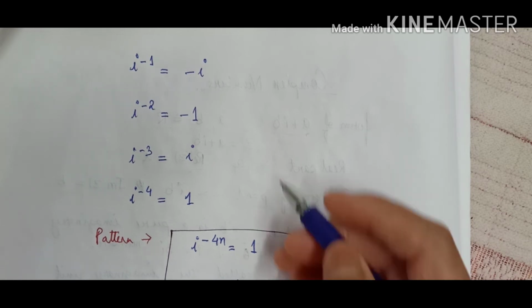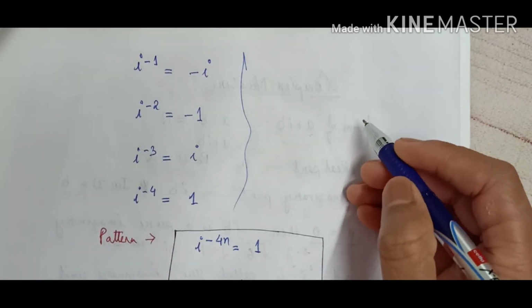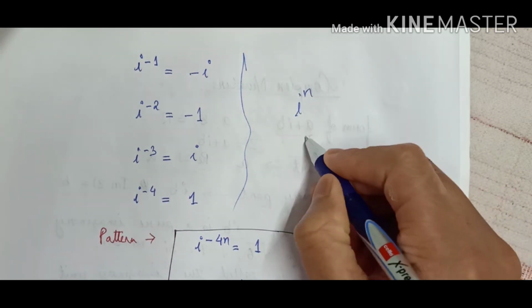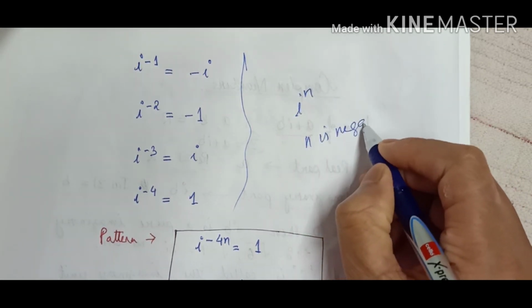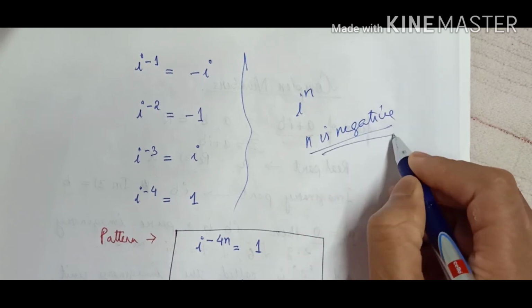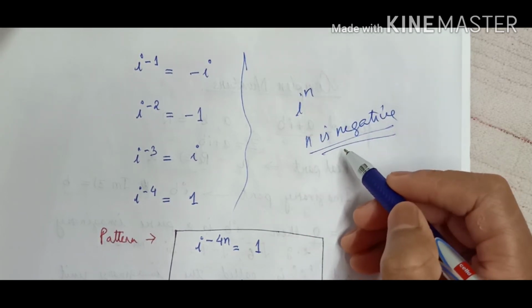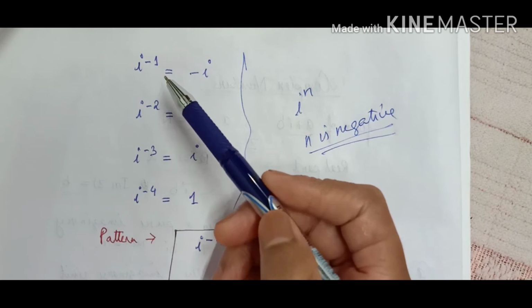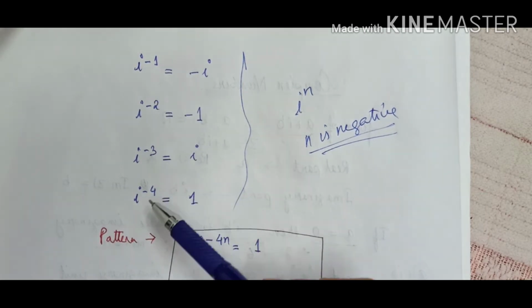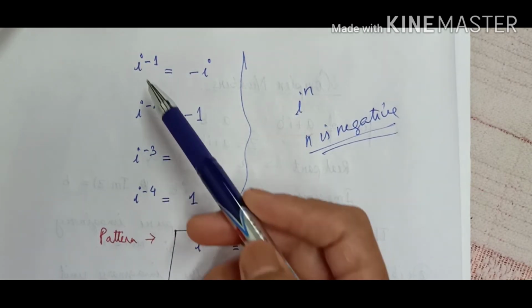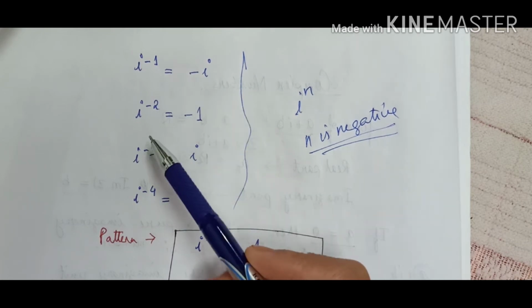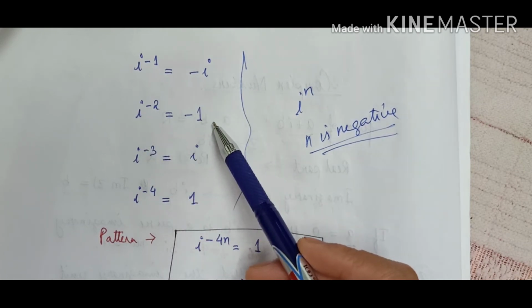Another important part is i to the power n where n is negative. In the previous case n was positive, here n is negative. Look here: i to the power minus 1, i to the power minus 2, i to the power minus 3, and i to the power minus 4. When it is i to the power minus 1, it is minus i; i to the power minus 2 is minus 1.